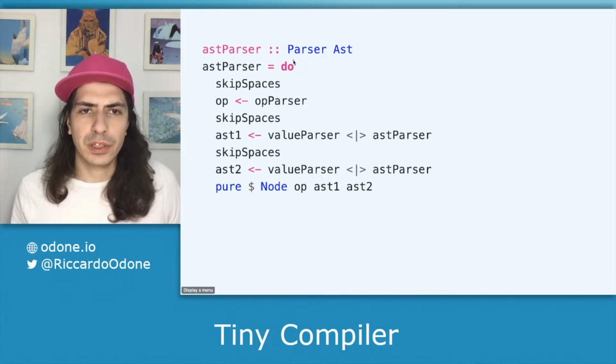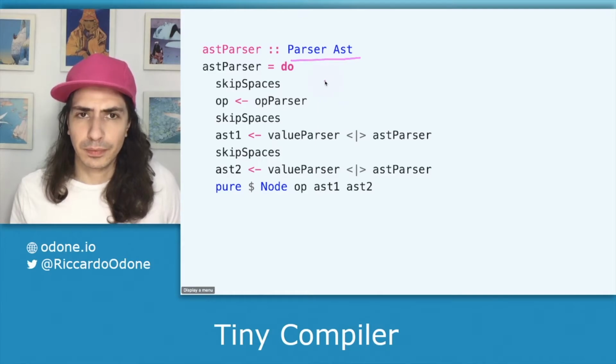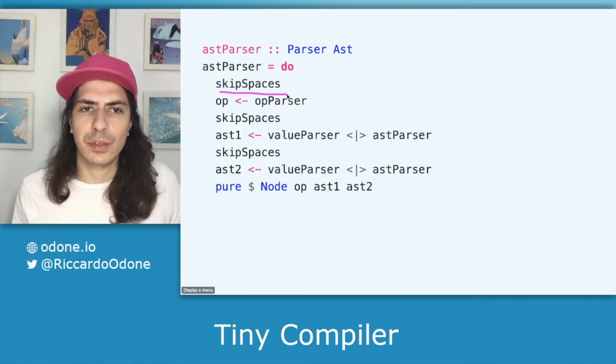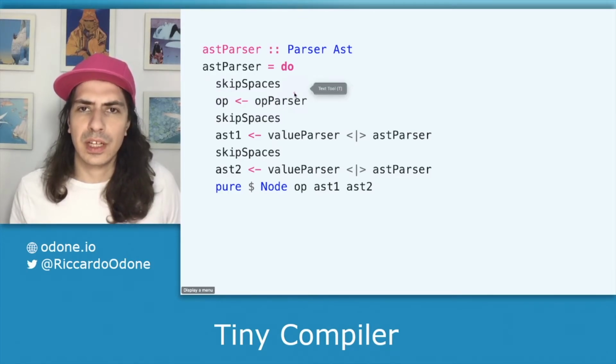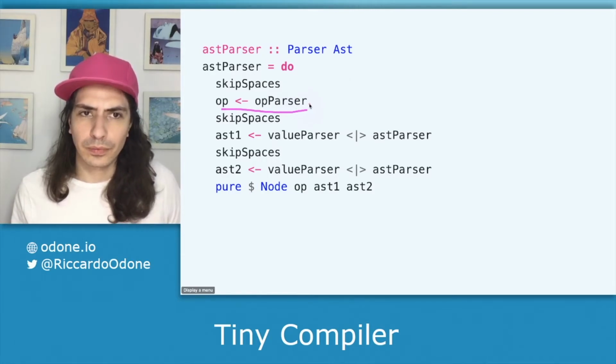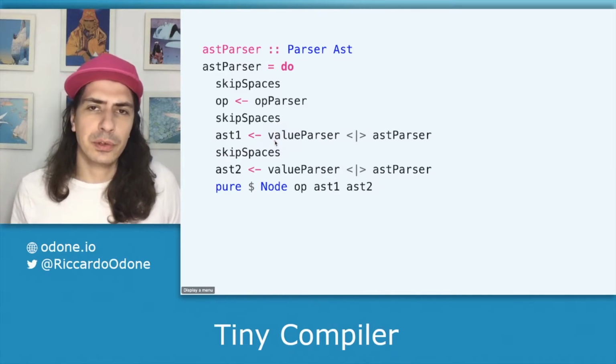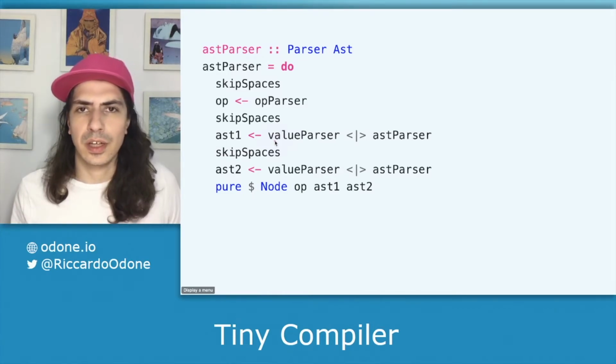So with a parser combinator library from PureScript, we can define a parser that works as follows. It first skips all of the spaces, then it assumes the first thing to find is an operator. So we parse that operator, then we skip again all of the spaces. Then we know that an AST is either a value or a nested AST.